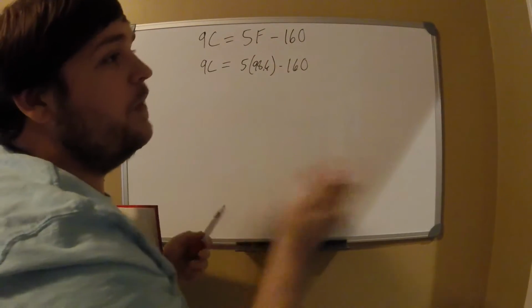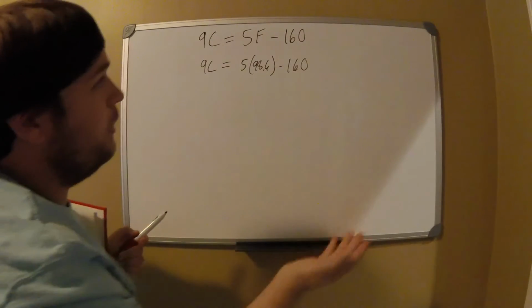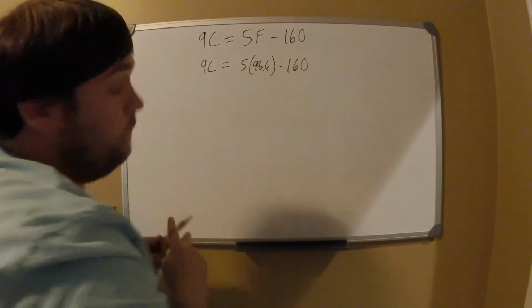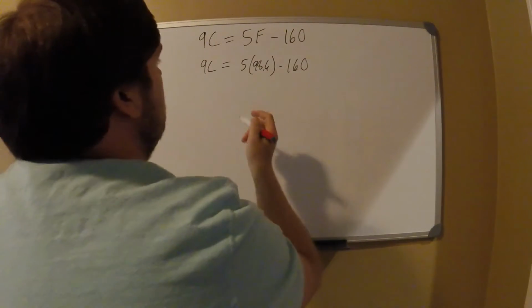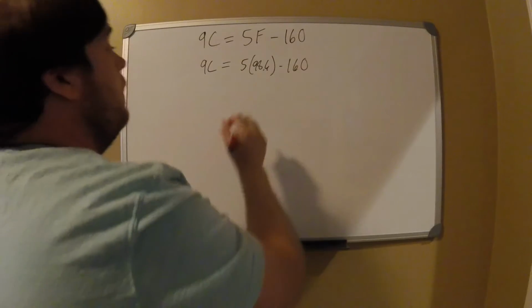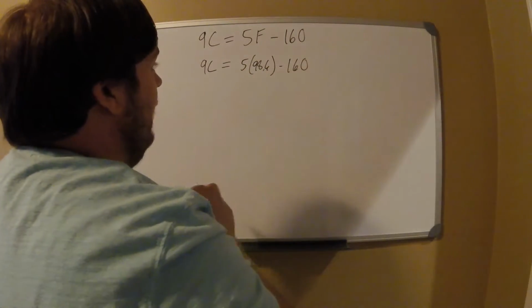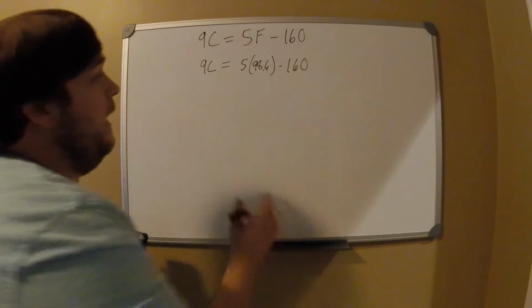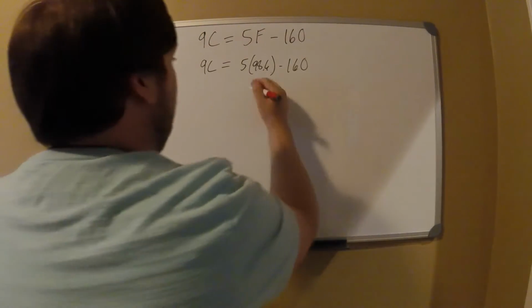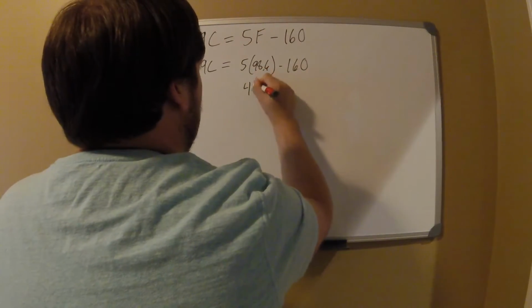Or if it tells you the body is so-and-so degrees Celsius, you would have plugged it in here and left Fahrenheit blank. So this one's real easy. We don't have to do all this complicated stuff. All we have to do is multiply this out. And so when we calculate this out, 5 times 98.6 is 493.